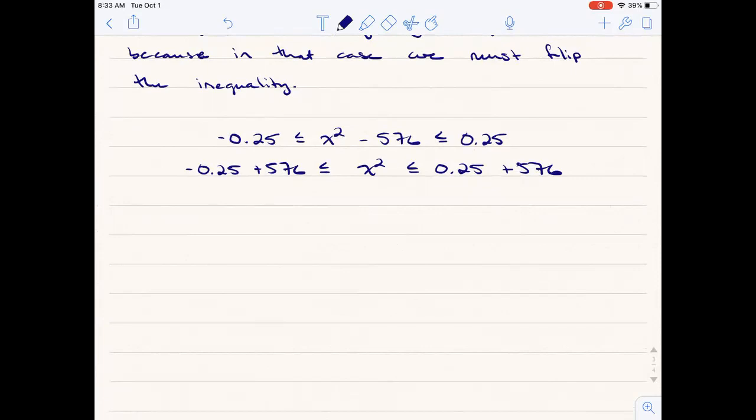Well, I guess we can simplify here. You can do it in one step if you want. 576 minus 0.25 is 575.75, less than or equal to x squared, which is less than or equal to 576.25.